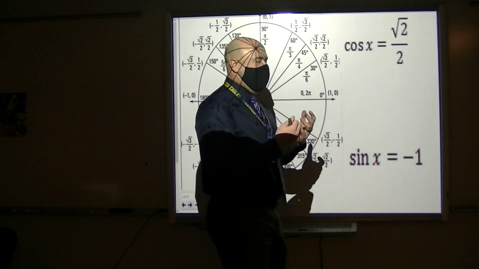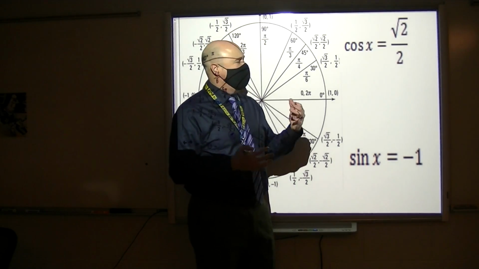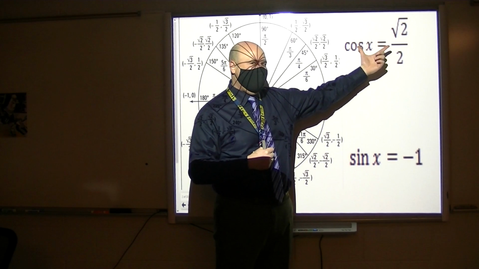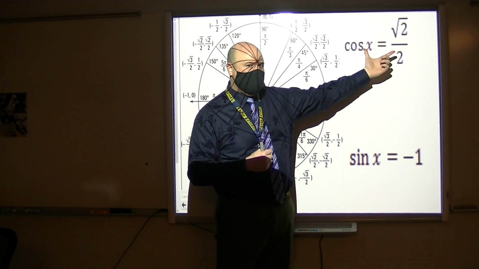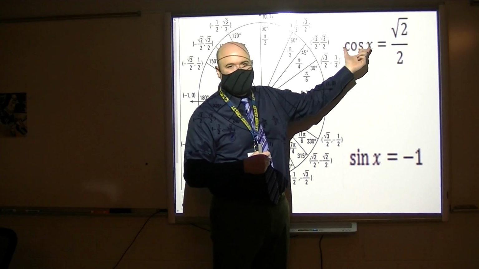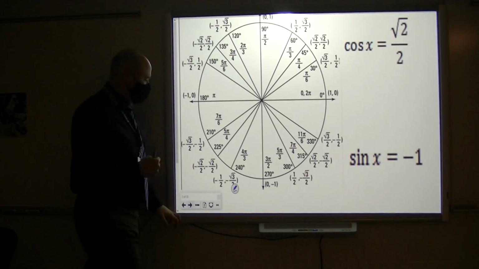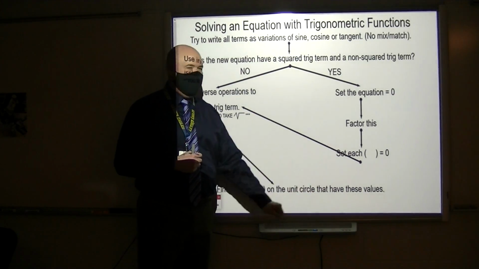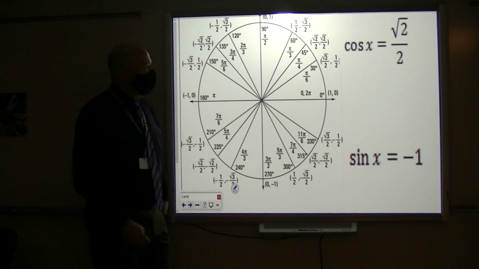So what's going to happen, and I'm just giving you a preview, is we're going to solve an equation, and at some point it's going to end up looking like this. So when we get to this spot where the trig term has been isolated, find the angles on the unit circle that have these values.